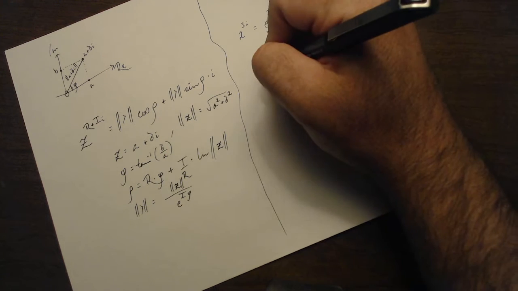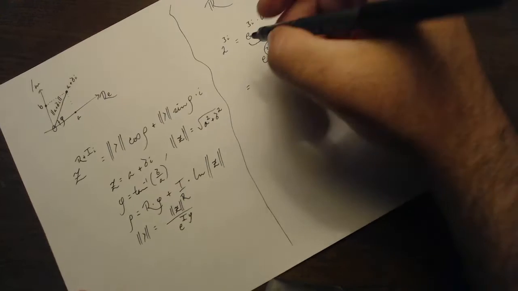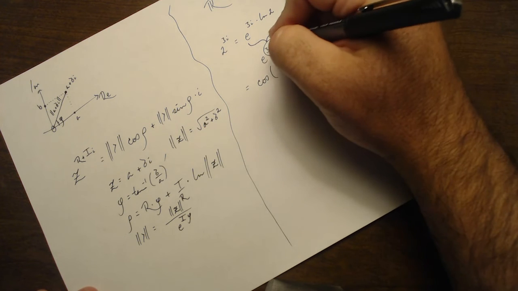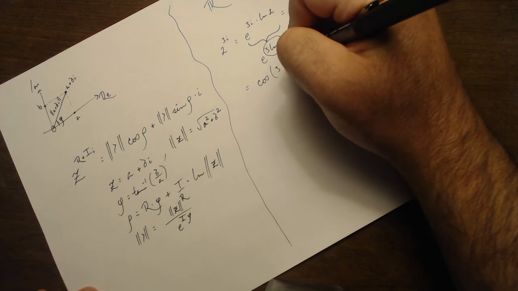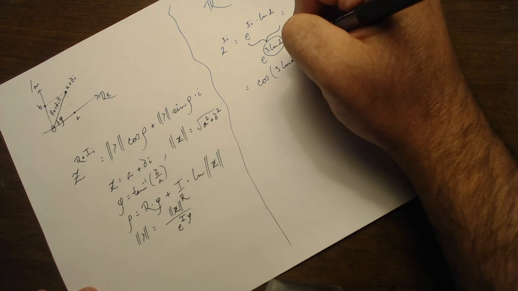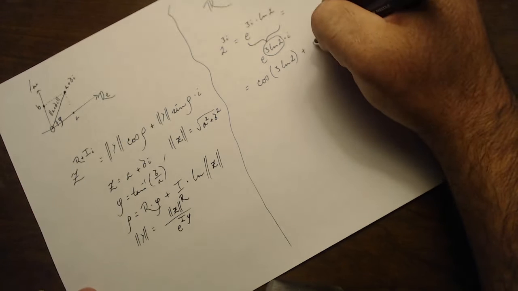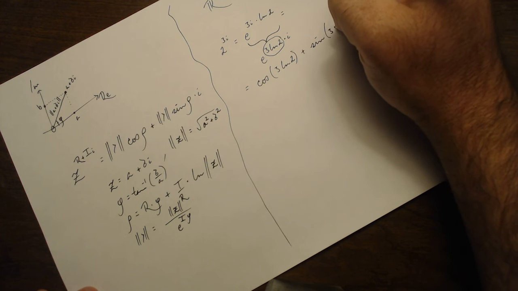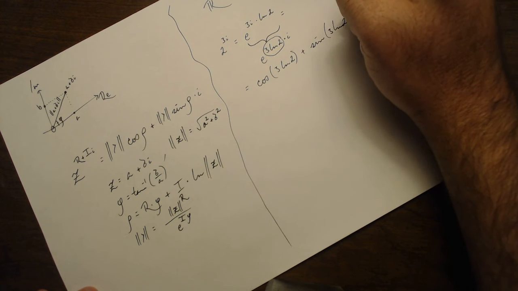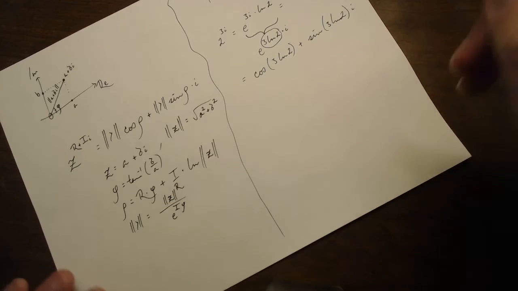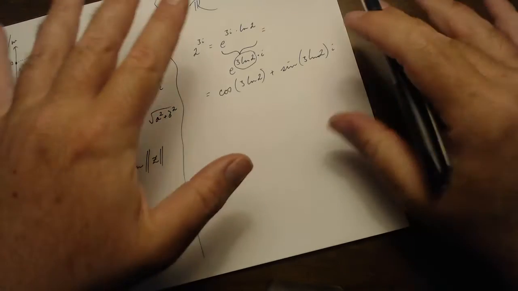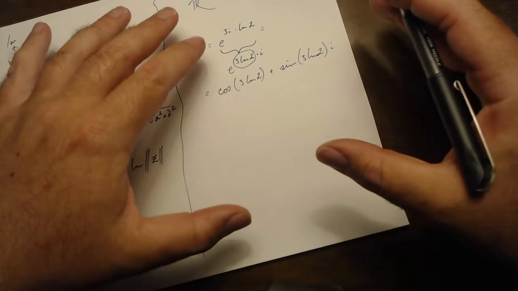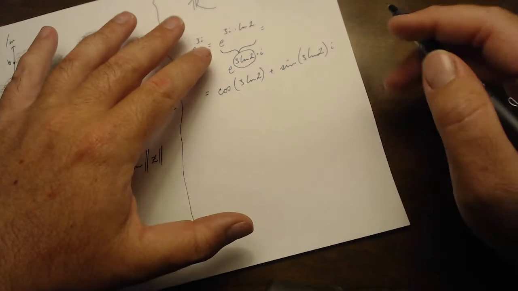That's going to equal the real component, which is the cosine of this thing, 3 natural log of 2, and the imaginary component, sine 3 natural log of 2, times i.